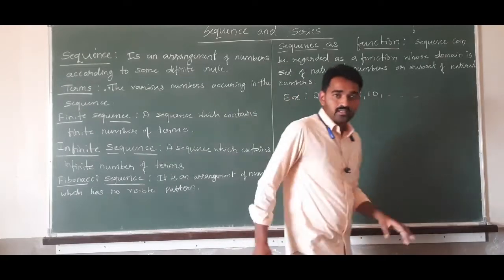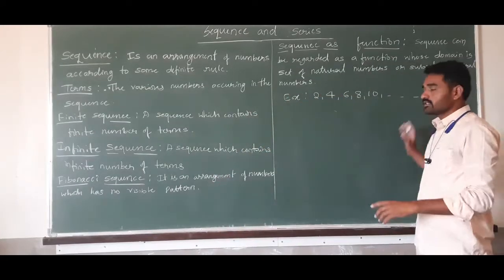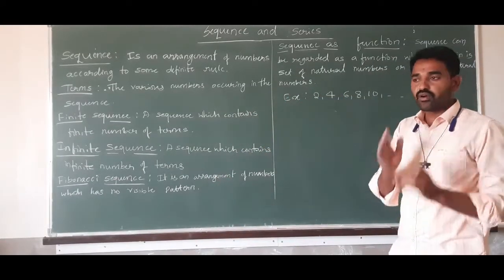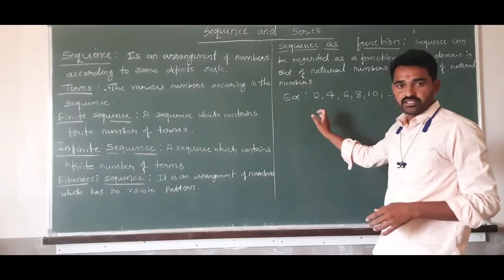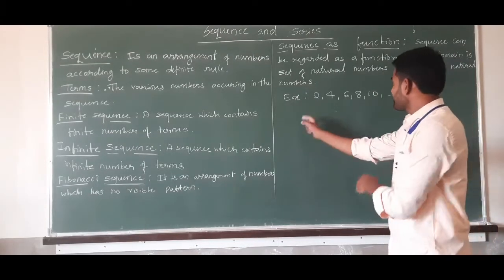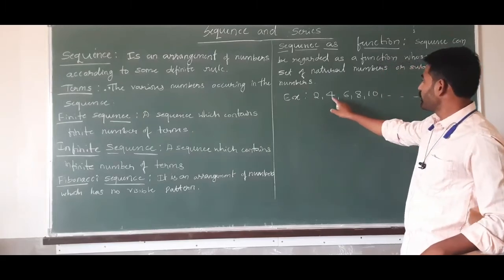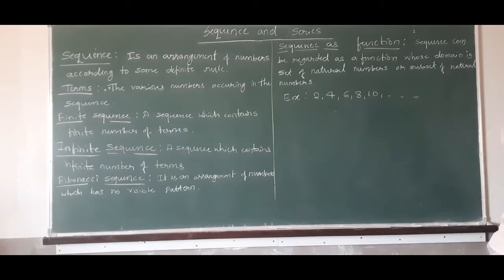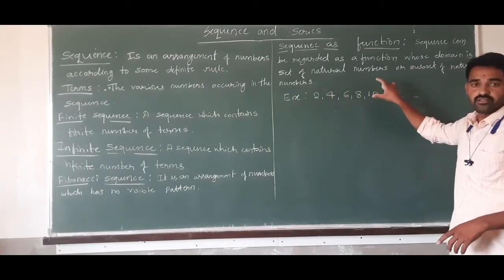This is one sequence. In this sequence, we are collecting some numbers in a particular order. We have listed the numbers 2, 4, 6, 8 and 10. They have some order.